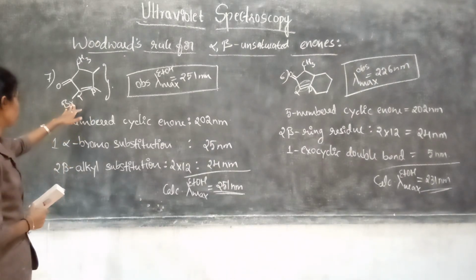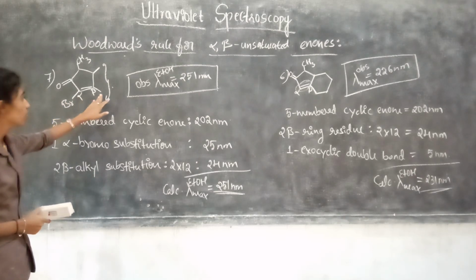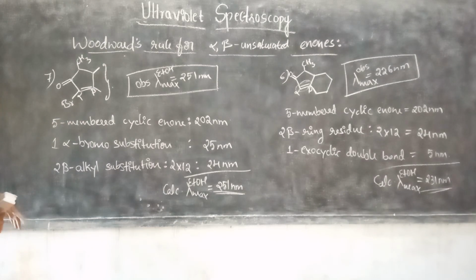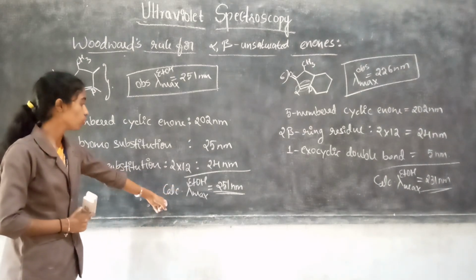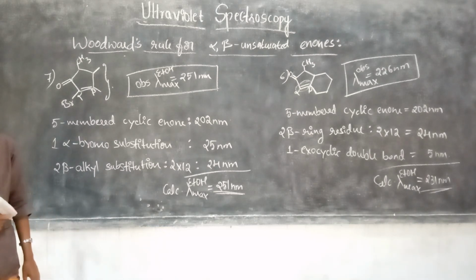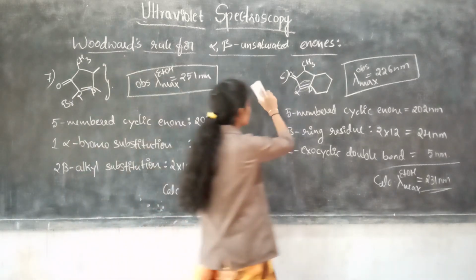In this case we have one alpha bromo substitution, and at beta position one alkyl substitution and one ring residue. So the total calculated absorption maxima is 251 nanometer. Then we will move on to another problem.